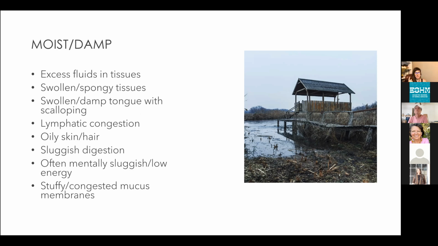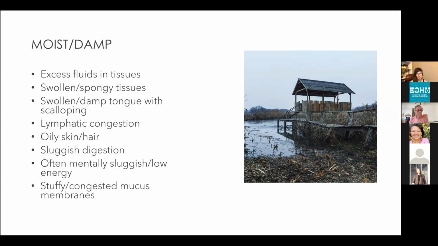Sometimes you can see scalloping in the tongue, which looks like waves. It's basically indentations from your teeth on your tongue, because your tongue is a little bit puffy and swollen. And this is where we see a lot of lymphatic congestion, which is what we're going to focus on after we're finished with this overview.